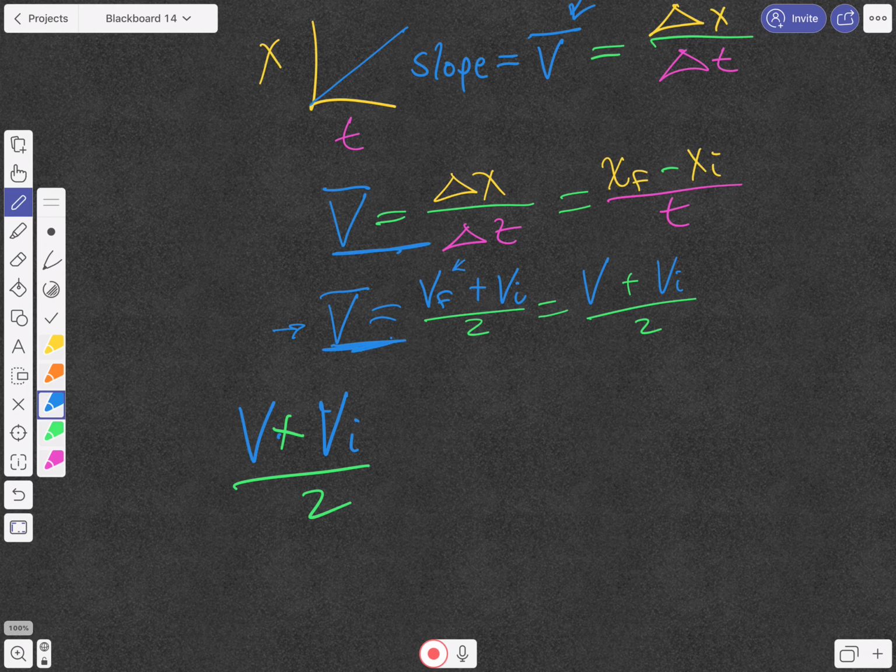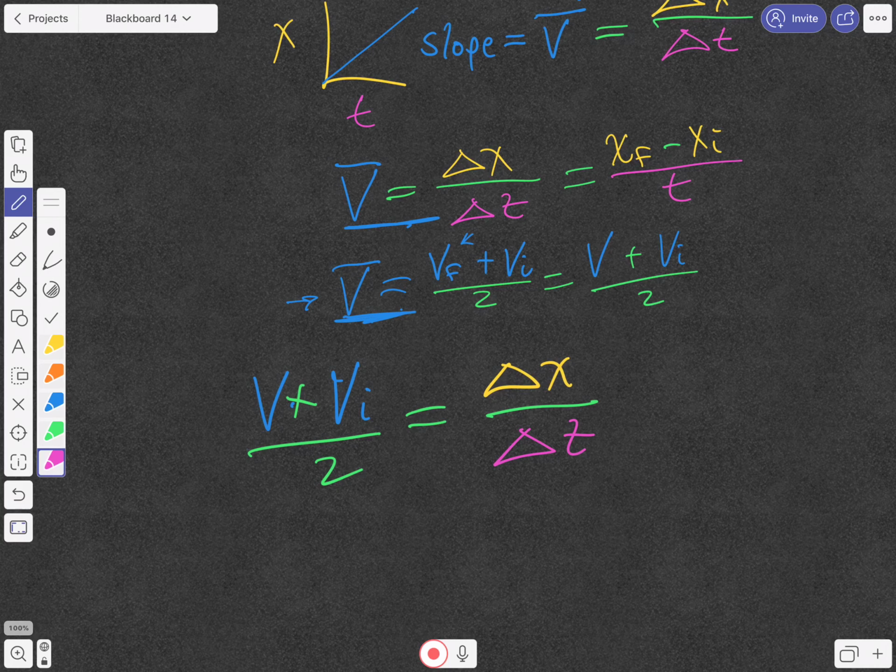What's also equal to our average velocity is delta x over delta t, or just time. I'm going to erase this, because again we're assuming we start at 0 seconds.